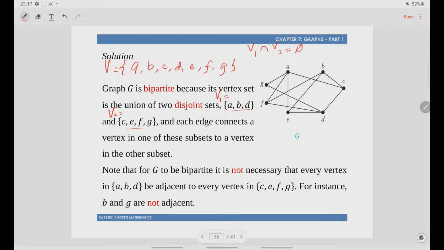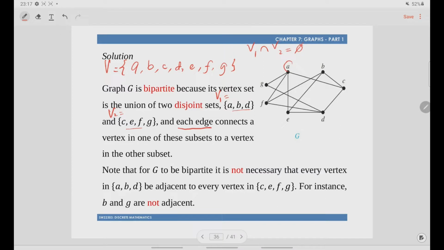Okay, and then every edge connects a vertex in one of these subsets to a vertex in the other subset. I give you an example.